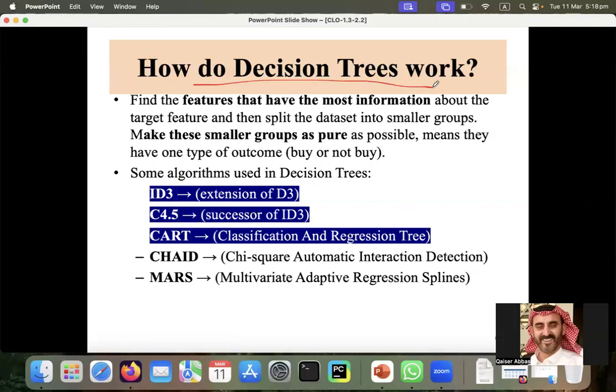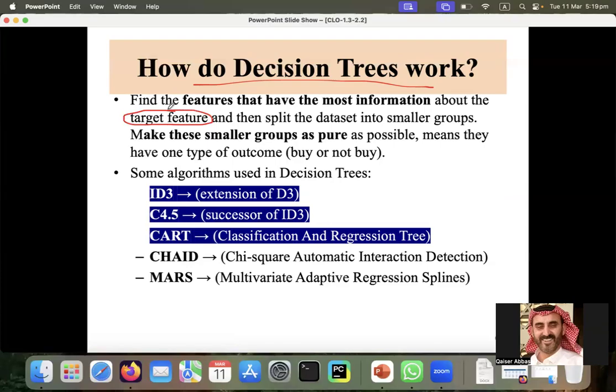Initially, when you have your data set on the root node, the first step is to find the features that will have maximum information about the target class, or the class that you want to predict. From the model, you want to predict something. That is called the target feature.